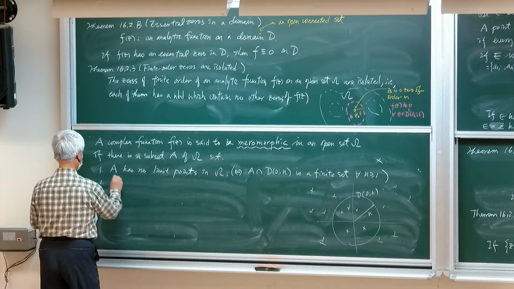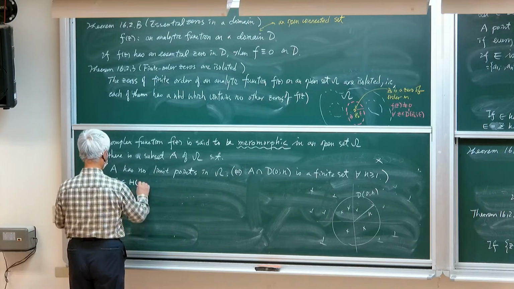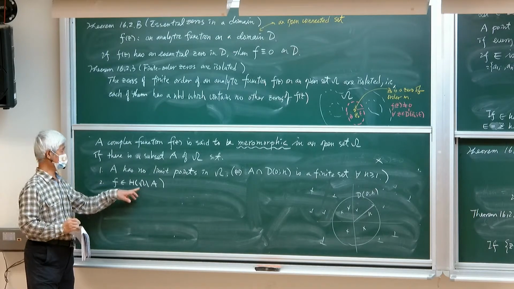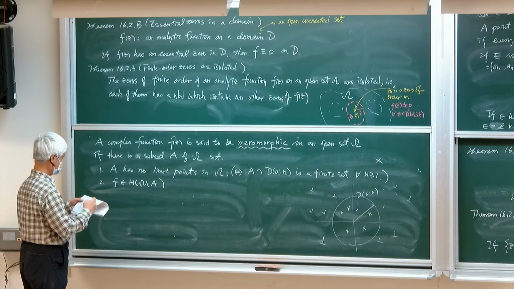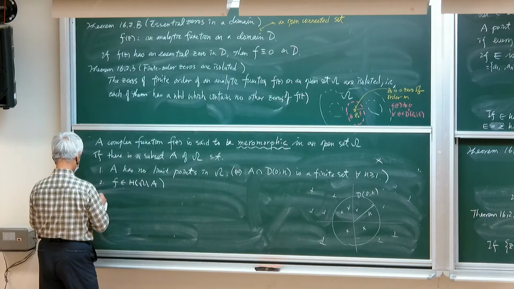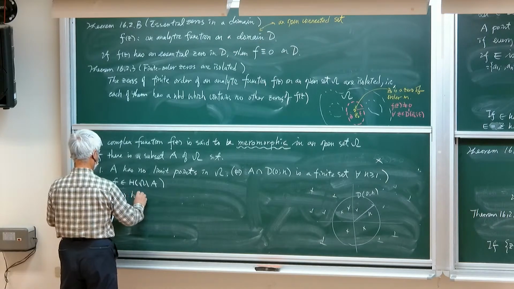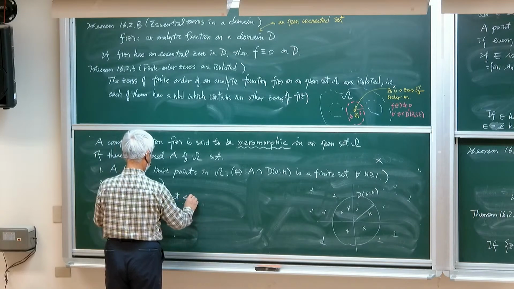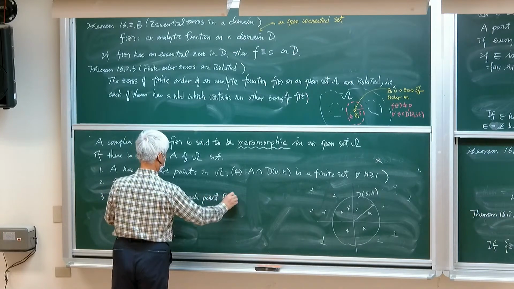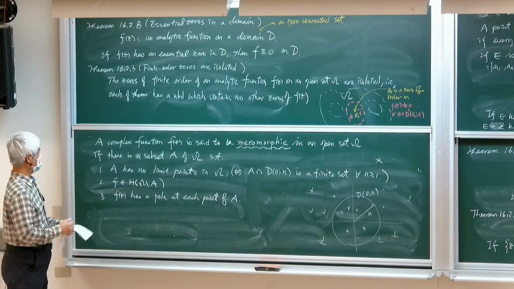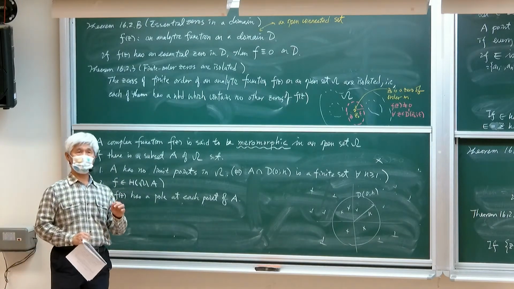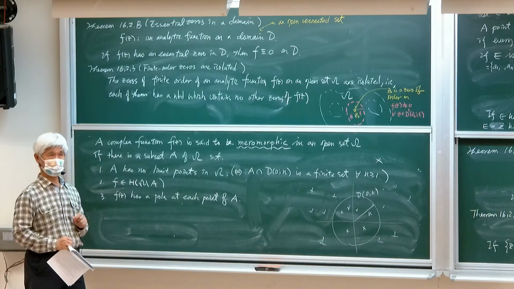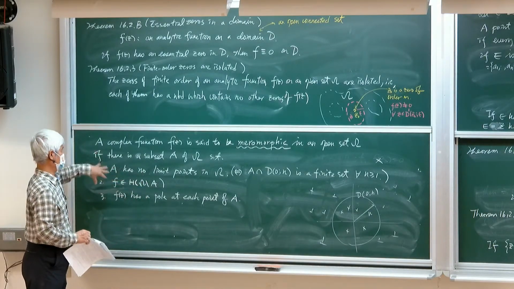The second is that f is holomorphic in omega except at points in A. And the third thing is that f of z has a pole at each point of A. So at each point of A, f has an isolated singularity, which is not essential, so they have poles.